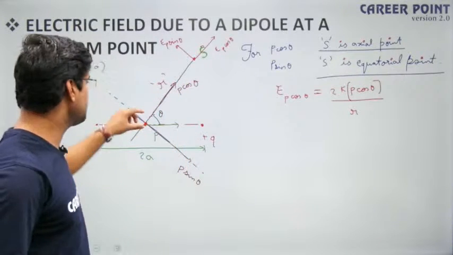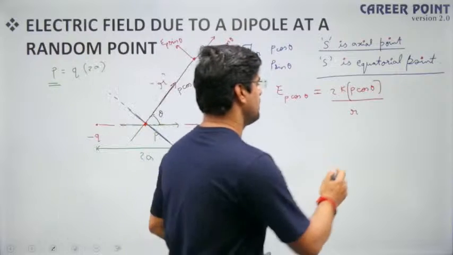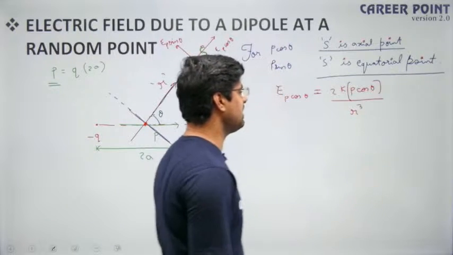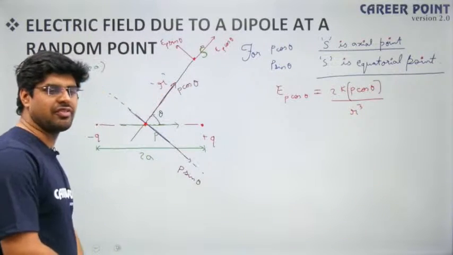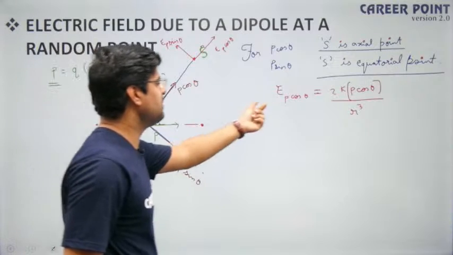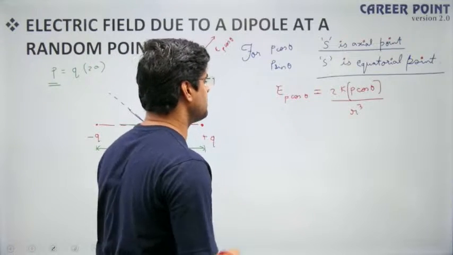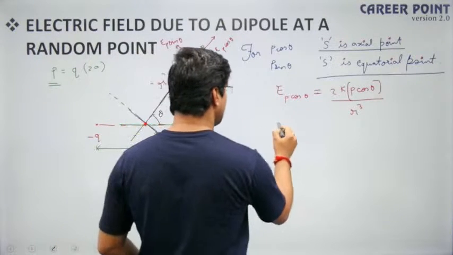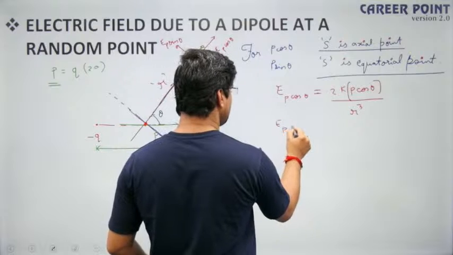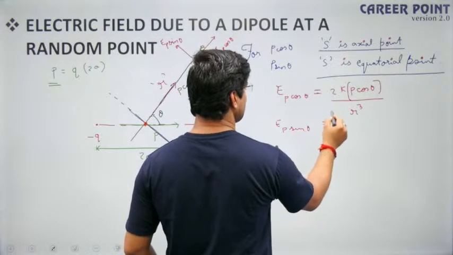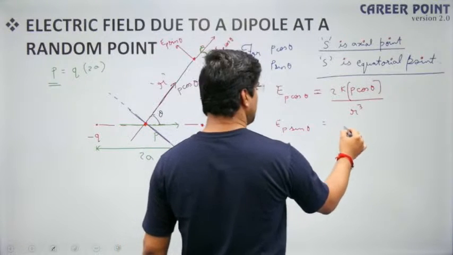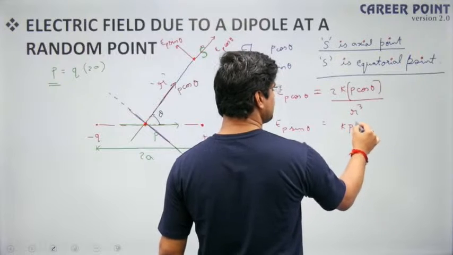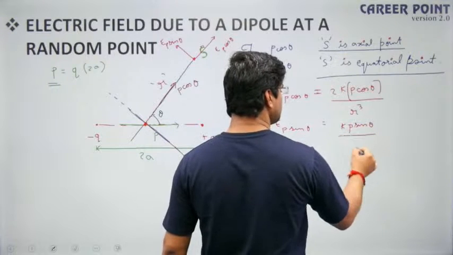So I am taking this distance as r, and distance cube we write in the electric field of a dipole. So E P cos theta is equal to 2 kp cos theta by r cube, and if you are supposed to write E P sin theta, electric field due to P sin theta at S, that will give you k p sin theta by r cube.